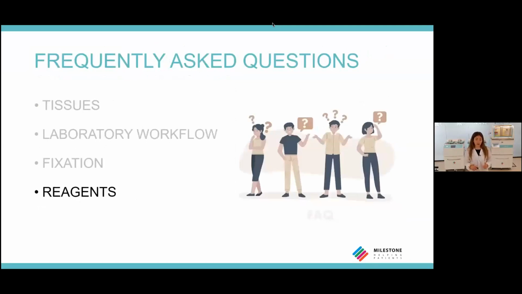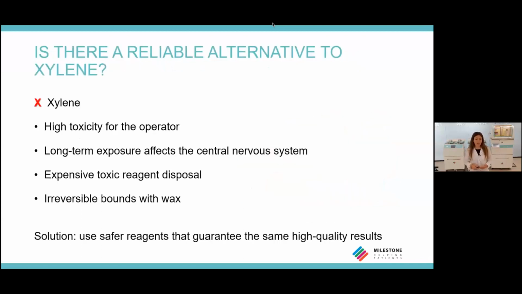So we now move to our last topic in the program. After fixation, we can talk about reagents, and in particular, the question that we usually receive is whether it's possible to use a reliable alternative to xylene. Why this?